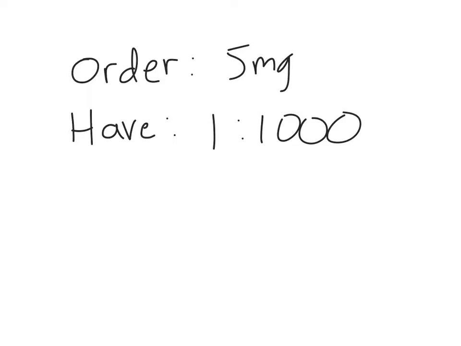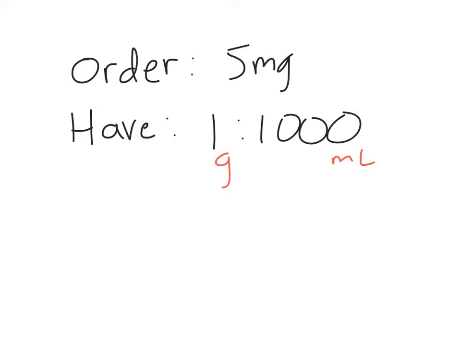Ratios always represent a grams to milliliters relationship. In this particular medication there is 1 gram per 1,000 milliliters. No matter what the ratio is, if it's 2 to 500, then that would mean there's 2 grams for every 500 milliliters. If it's a 6 to 7, I don't think you'd ever see that, but it'd be 6 grams to every 7 milliliters. So that's the relationship here. Just remember that it's always grams to milliliters.